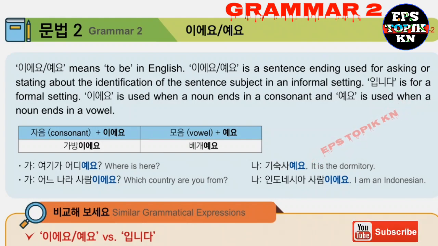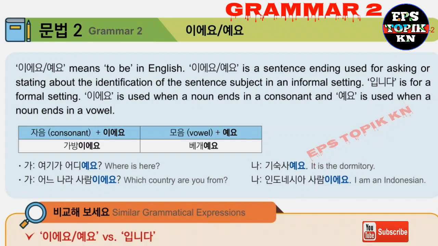In other words, 이에요 and 예요 correspond to to be in English. 이에요, 예요 is a sentence ending used for asking or stating about the identification of the sentence subject in an informal setting. 입니다 is used for formal settings. 이에요 is used when a noun ends in a consonant, and 예요 is used when a noun ends in a vowel.